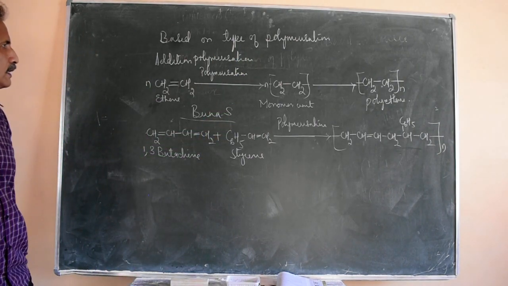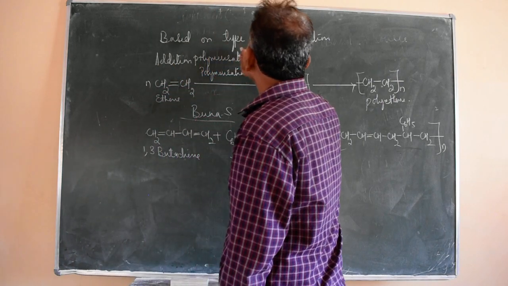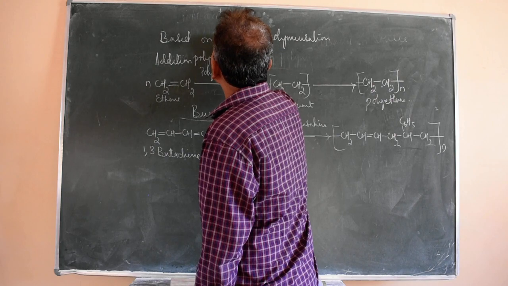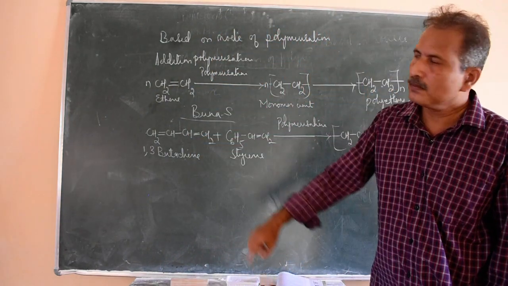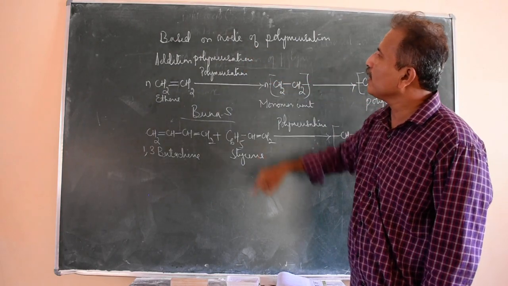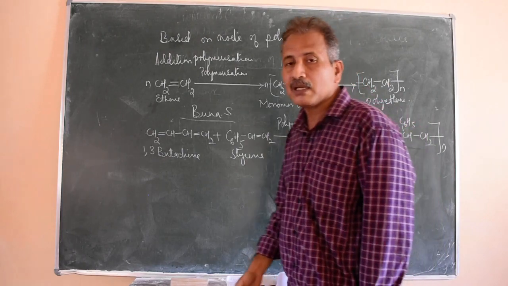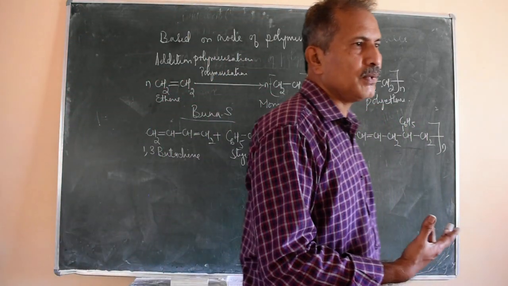So this polymerization is based on mode, we say. Based on type of polymerization, or we call it mode of polymerization. Based on the mode of polymerization, we have first one addition polymerization, second one is condensation polymerization. In condensation polymerization, what we do?